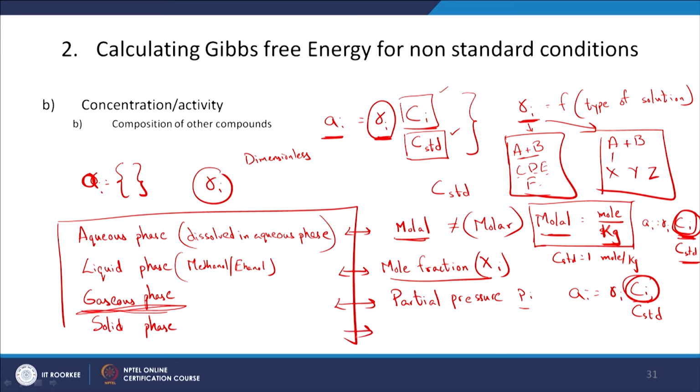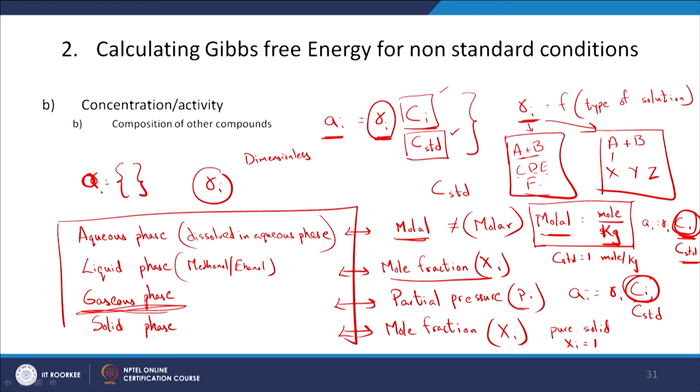And again coming back to the solid phase, we again look at mole fractions. Number of moles of your solid by total number of moles of the other solids. So if it is only one solid, obviously, it is going to be a pure solid. If it is a pure solid, obviously your mole fraction is going to be equal to 1, right.